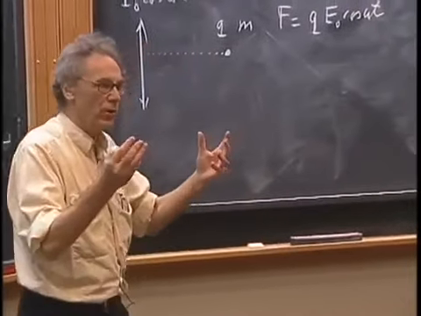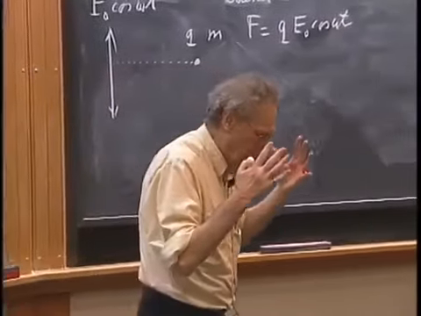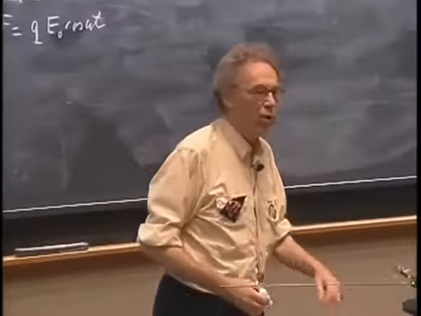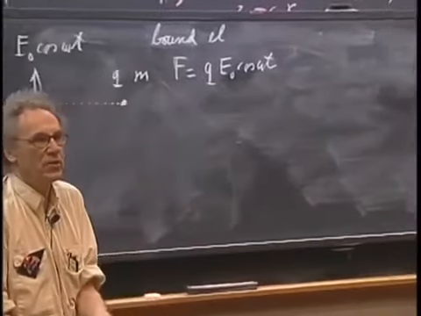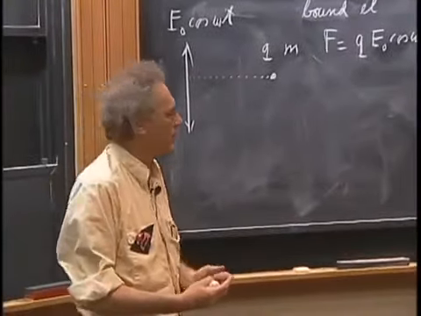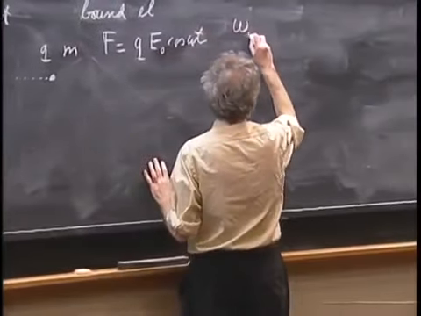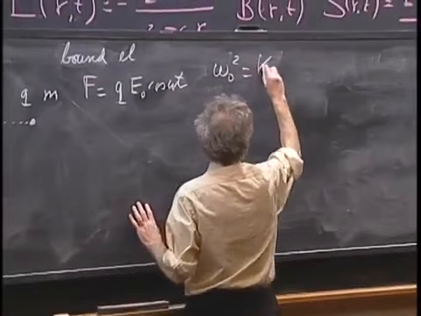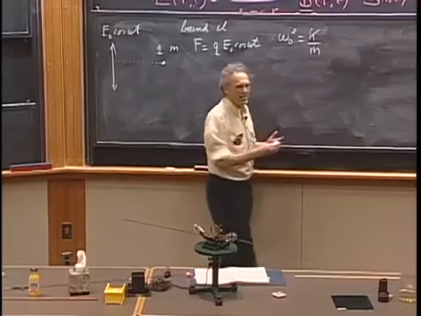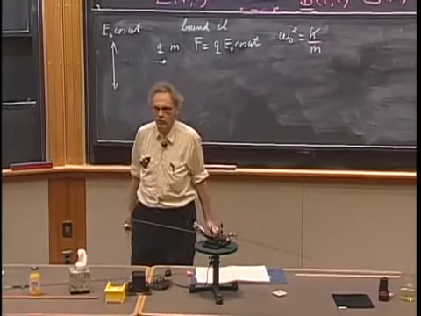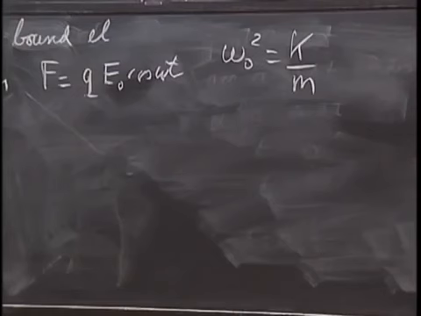So there is a restoring force that acts to some degree like a spring, and so there is also then a resonance frequency associated with that restoring force. And that resonance frequency I will simply call omega 0 squared, which is then k over m, and k is then the equivalent of the spring constant, which now acts in the atom.